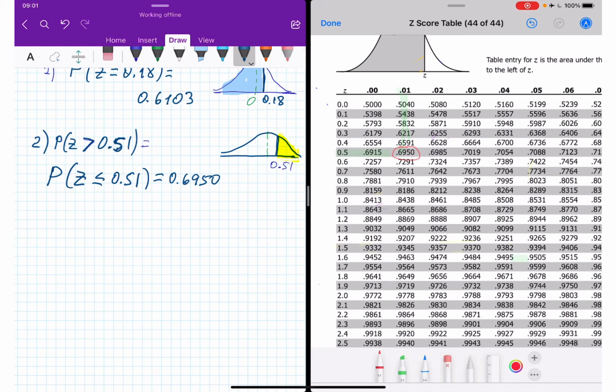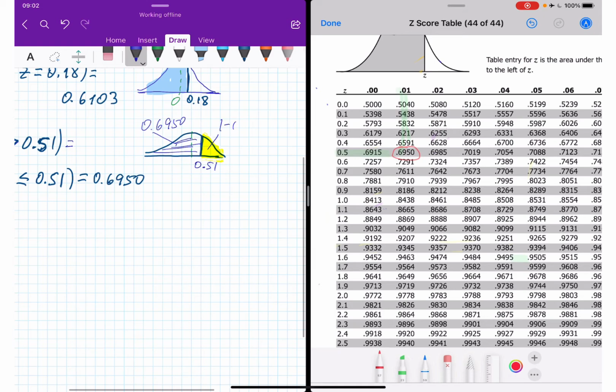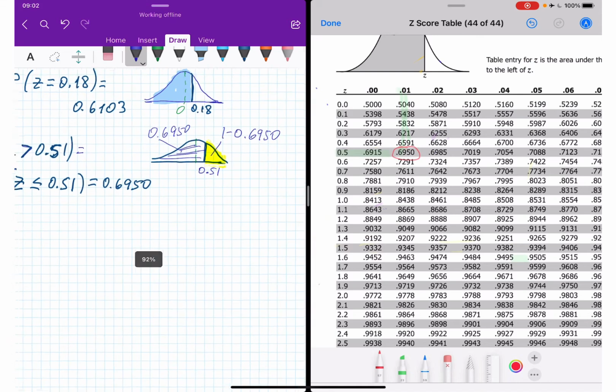Now, since we have to the right, and we figured out what is to the left, obviously this is to the left, 0.6950, then this area is going to be 1 minus 0.6950. Yes?